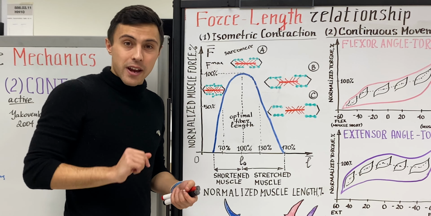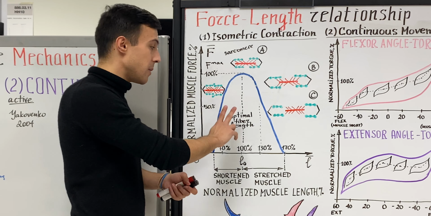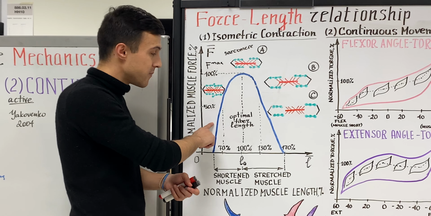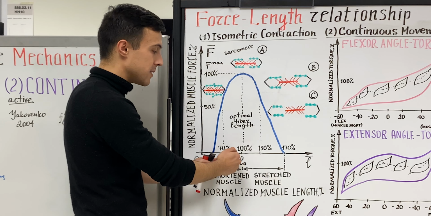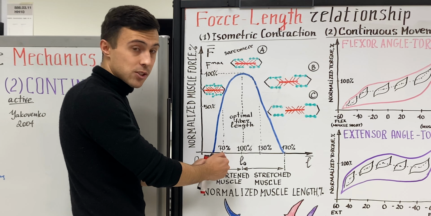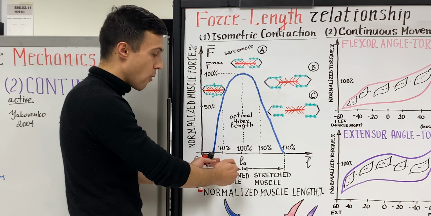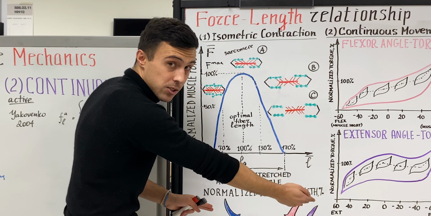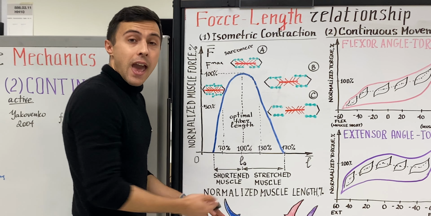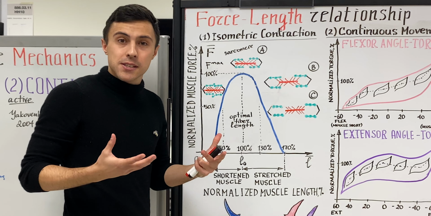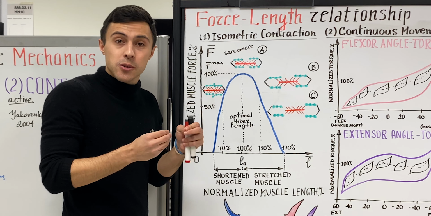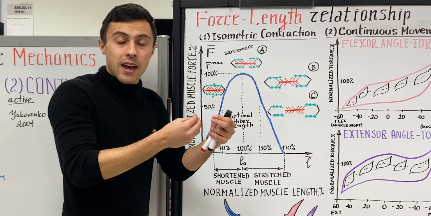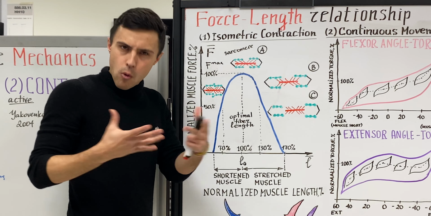Now, there are another two factors that are contributing to suboptimal force here. The first one is what we see at muscle length below 80%, or once again, below 80% of normalized muscle length, or this L0: the calcium dynamics are changing. In other words, there is not enough calcium released to the muscle to work with. What does that mean?